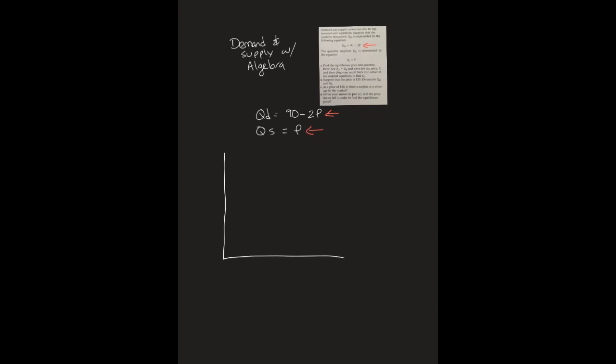So we have our quantity and our price, with the little arrows. We have our demand curve, and in this case, the equation for the demand curve is 90 minus 2P, and the equation for the supply curve is equal to P. Recall that the equation of a line is y equals mx plus b. In this case, the b represents our y-intercept and the m is equal to the slope.